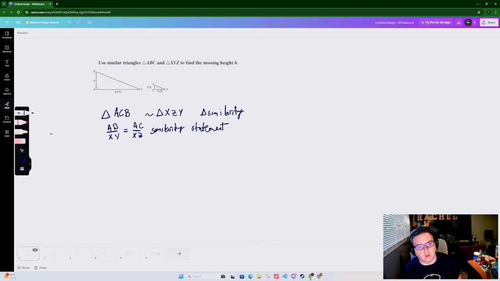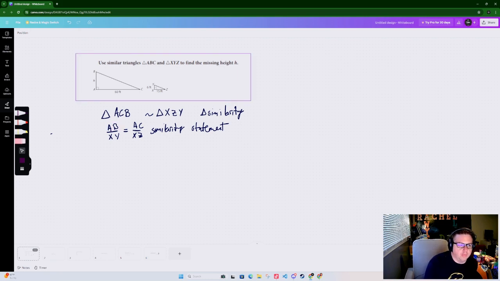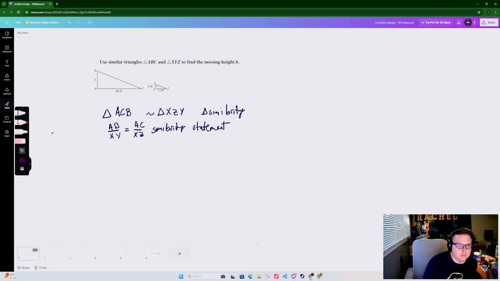Okay, so we've got our triangle similarities. Now we have our side similarity statement. So now what we can go ahead and do is substitution. We're going to substitute our values into this. When we look at this, we want AB first, which is going to be 8. Oops. Let's try that again.